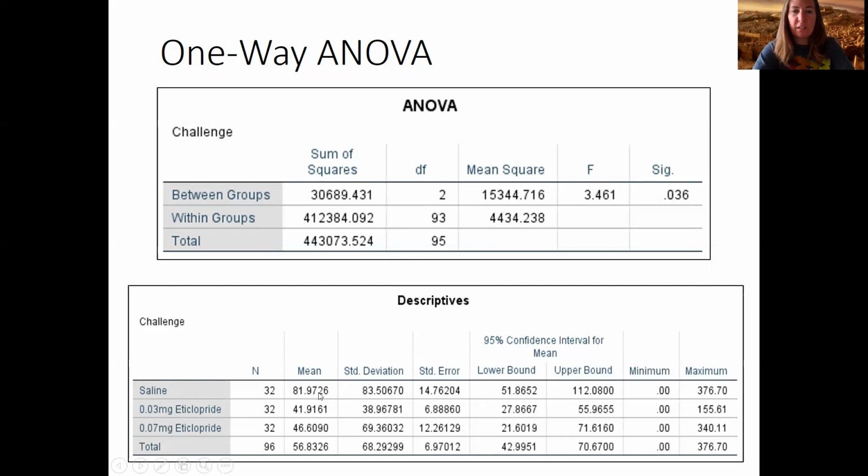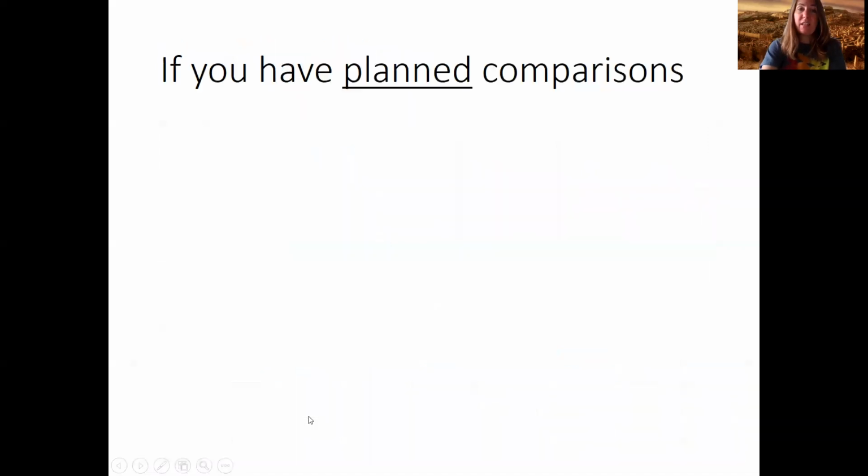I could say, well, it looks like saline had a greater locomotor activity than both of my antagonist groups, but I really don't know. I don't know, statistically speaking, whether saline is significantly greater than these other groups. And I don't know, is there a significant difference between the 2 different doses of the antagonist? Just looking at the means, it wouldn't look like there would be, but we don't know until we run the tests.